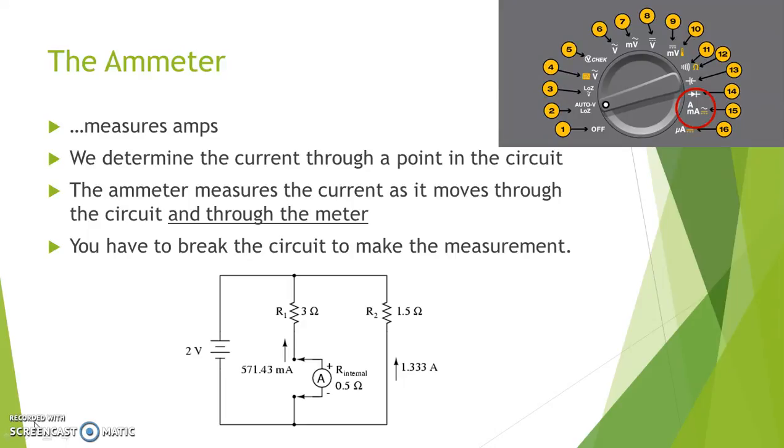So if we wanted to use a circuit diagram, let's say we wanted to measure the current that was running through resistor 1 in this parallel circuit. What we would do is break the connection to resistor 1 and run the electricity through the ammeter. And then we could measure the current that was going through.